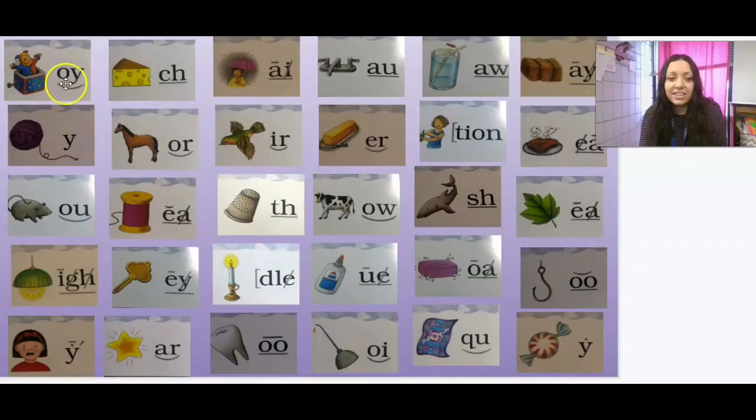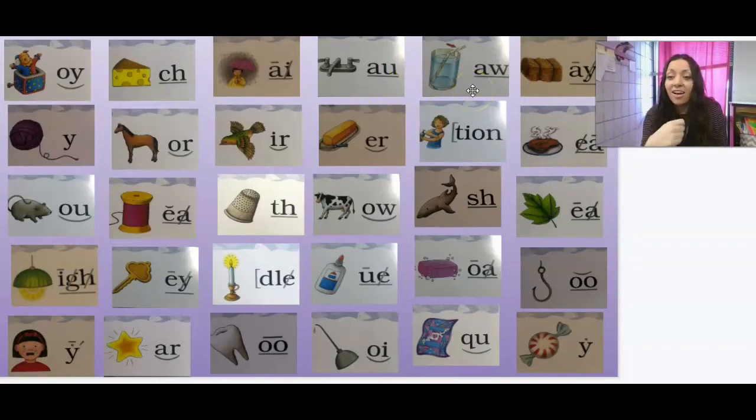All right, so let's look at our sound cards now. I have toy, oi, diphthong OI. Cheese, ch, digraph CH. Rain, A, digraph AI. Faucet, ah, digraph AU.